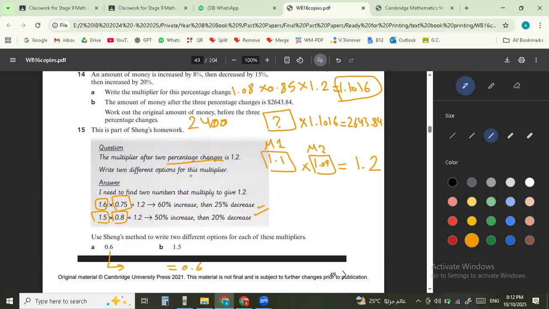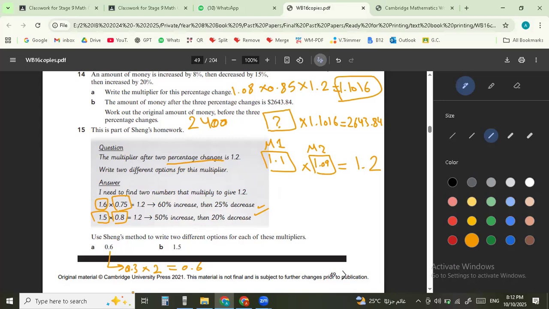Let's say 0.3, and here I can use 2, which means decrease 70%, increase 100%, for it to be 200 divided by 100 is 2. So you can say a decrease of 70%, increase of 100%.